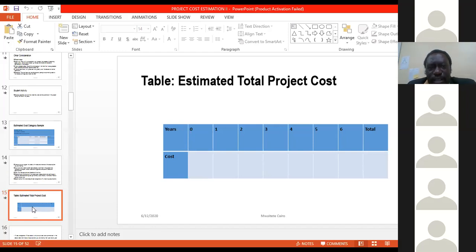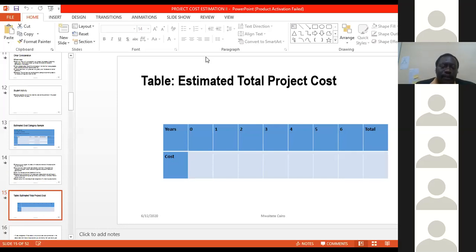Because the figure will not be the same. Year 1 is different from year 2, and year 2 is different from year 3. Any assumptions you are making might be about contingency. It might be about changes in inflation, because right now our inflation rate is 3.2, but next year it will not be the same 3.2.